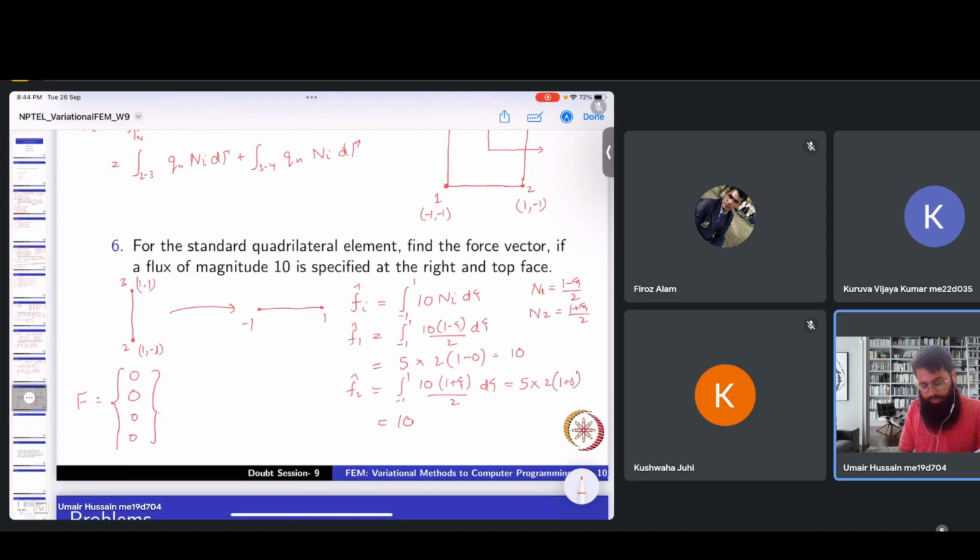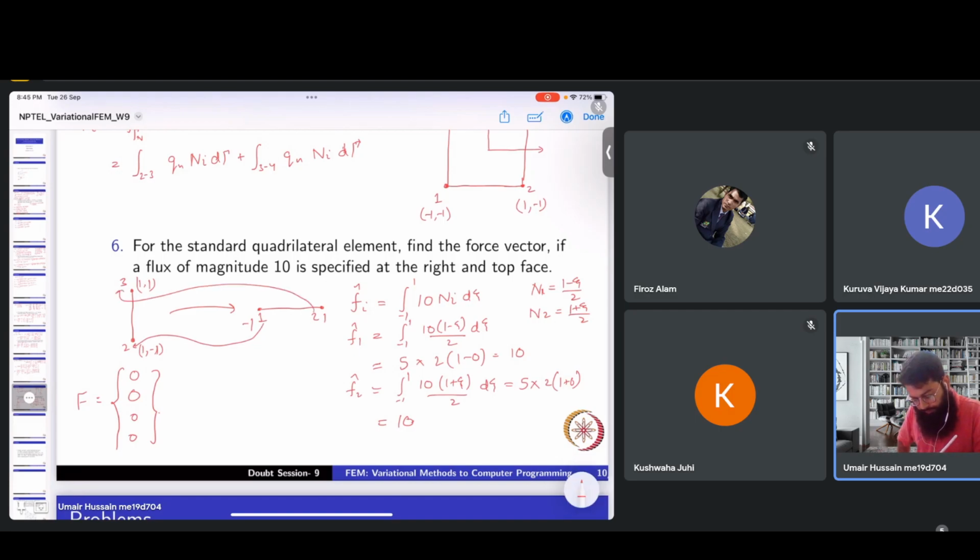For a quadrilateral element, the contribution of F1 is for node 1. We'll go in order. Node 1 here is node 2 and node 2 here is node 3.